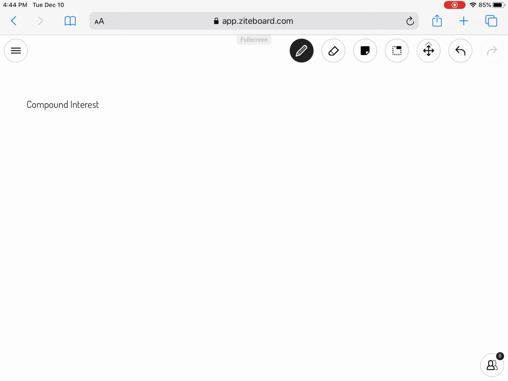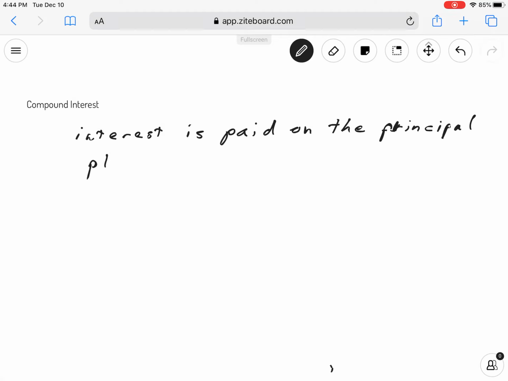Okay, in compound interest, interest is paid on the principal plus any accrued interest or interest accumulated.